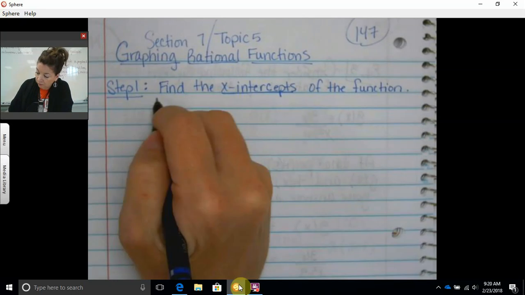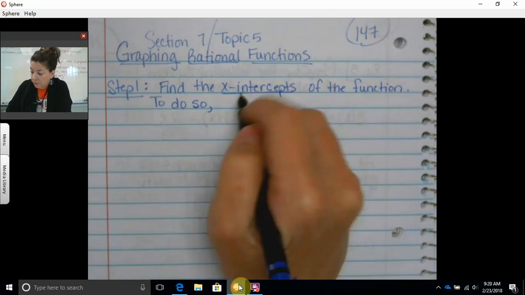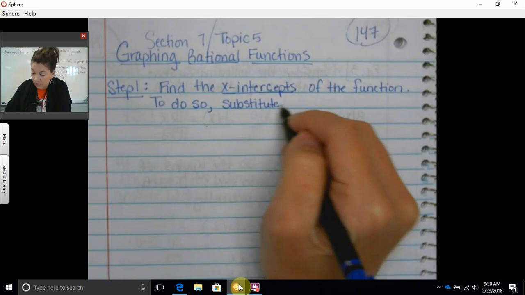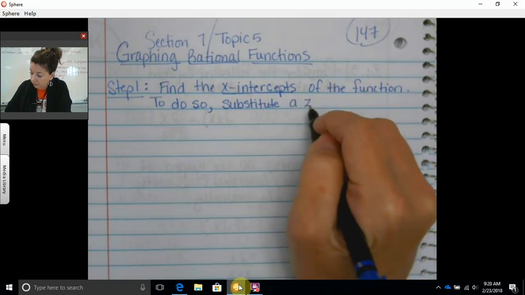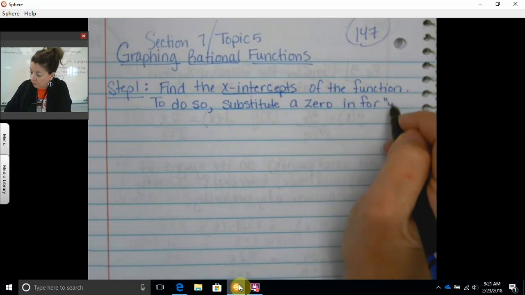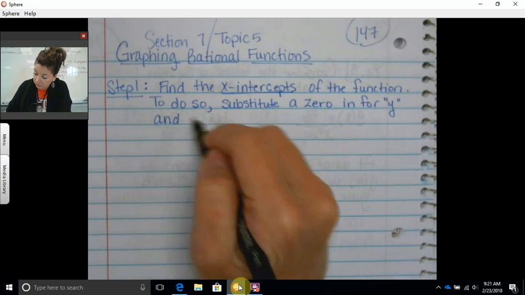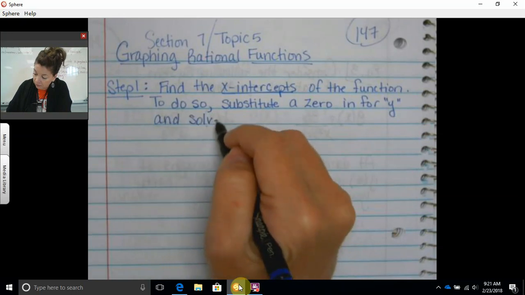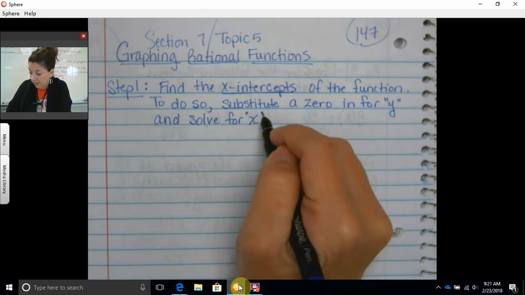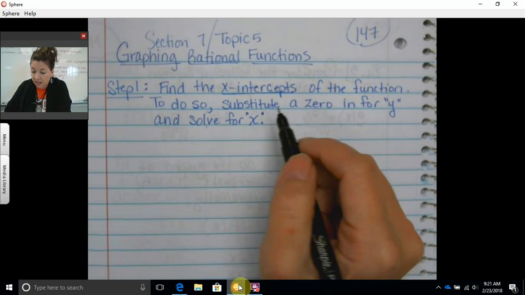To do so, substitute a 0 in for y and solve for x. Period. Plot any x-intercepts on the x-axis.